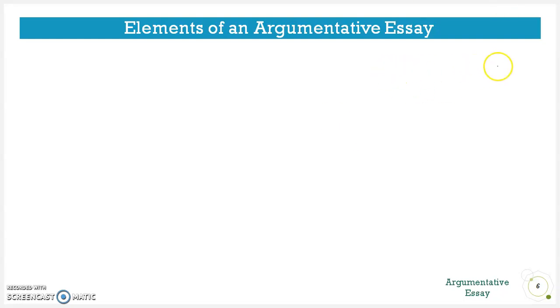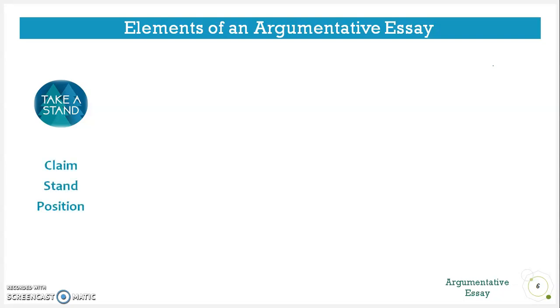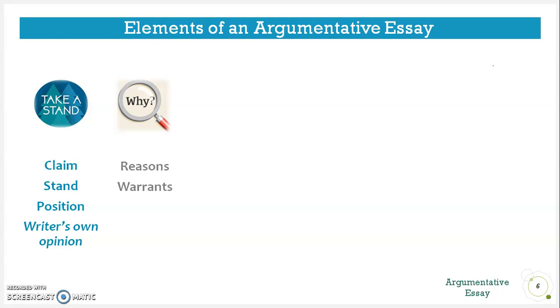Now we move to the elements of an argumentative essay. As I said before, there are 6 elements of an argumentative essay. First, we have the claim, which is also called stand, position, or writer's own opinion. The claim is supported by reasons or warrants. Why is your claim right? Then the reasons must be supported by evidence.